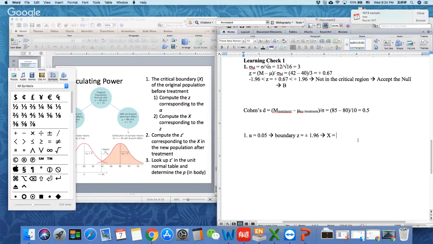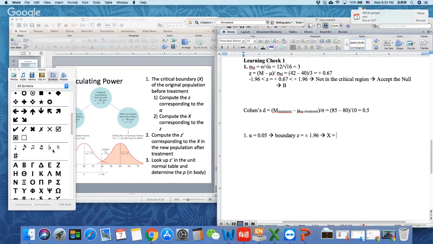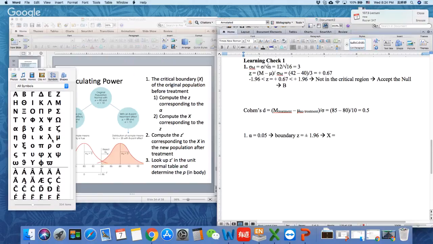X should be equal to mu plus Z sigma_M. Here the original mu is 80, plus Z equals 1.96 times sigma_M, which is 2.